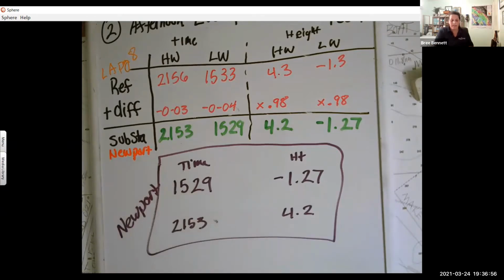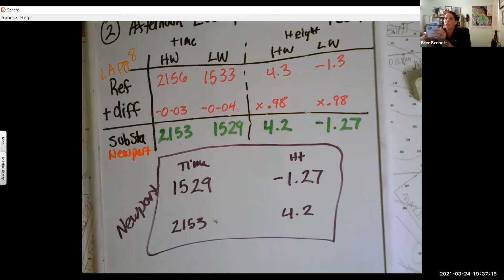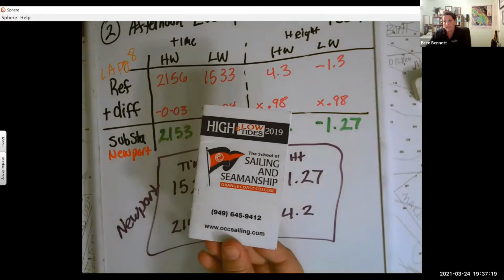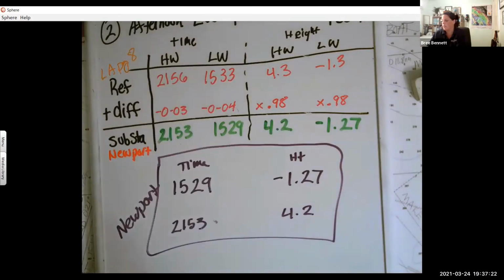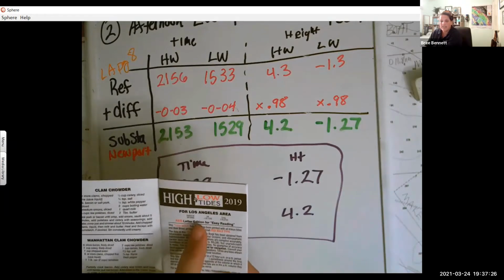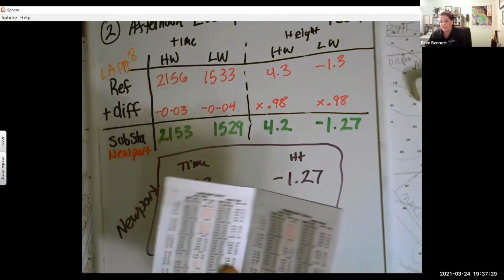So, as you can see here, our difference for Newport is very, very small, right? We are pretty close to our reference station. So when you look at a little book like this, they're giving you the daily pages for Los Angeles. They're giving you the reference station.